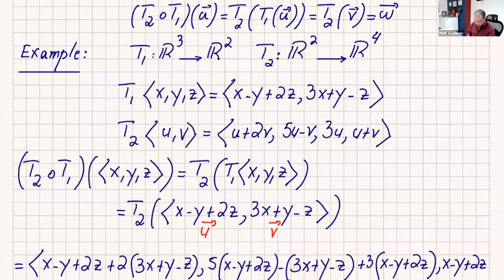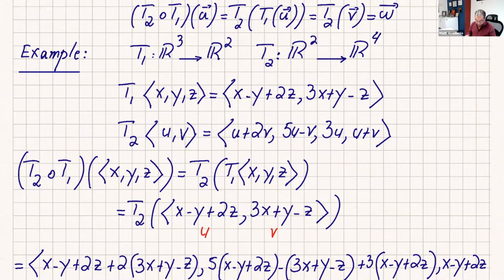So T2 ∘ T1 of x, y, z is T2 of T1 of x, y, z. Basically, that's going to be your u's, that's going to be your v's, and you just go here and substitute. Wherever you see u, you substitute that, and wherever you see v, you substitute this one. And these are components, not vectors.